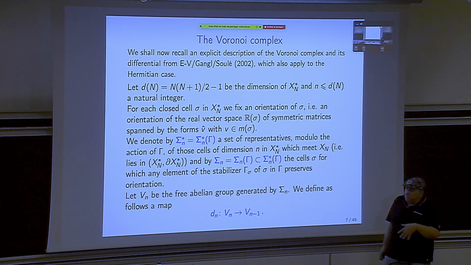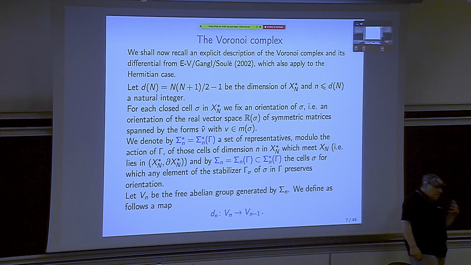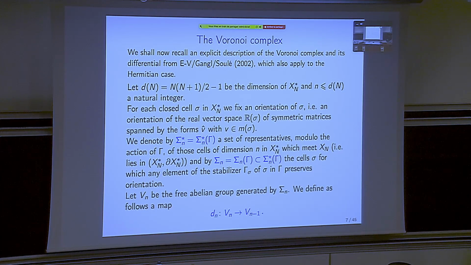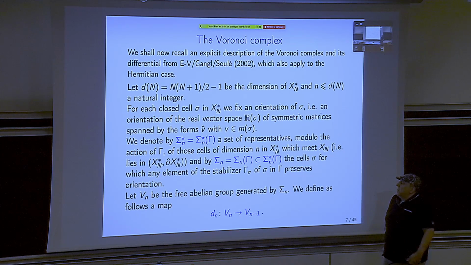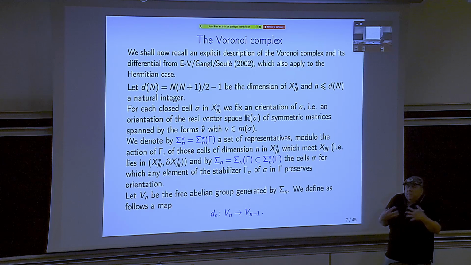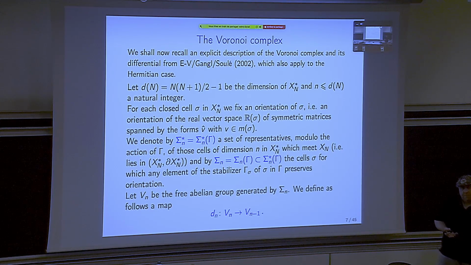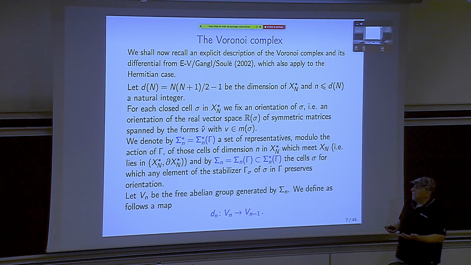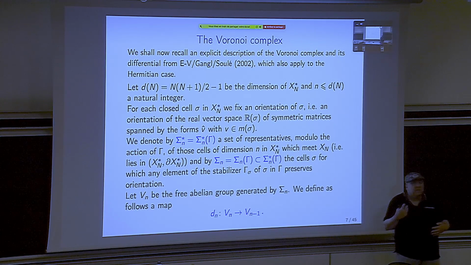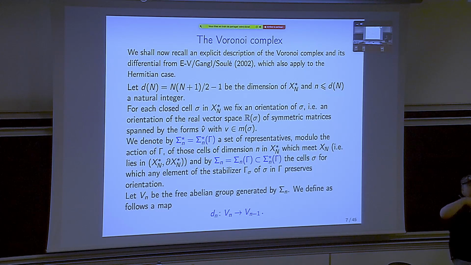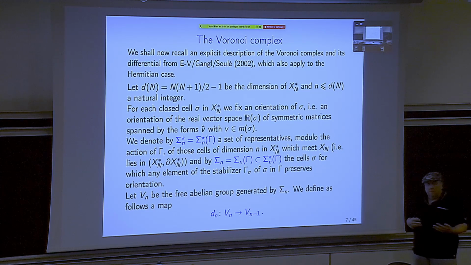And so, as it was explained by Graham last week, with a cellular complex you deal with orientations of the cells. And here the nasty part is that we have two levels of orientations.